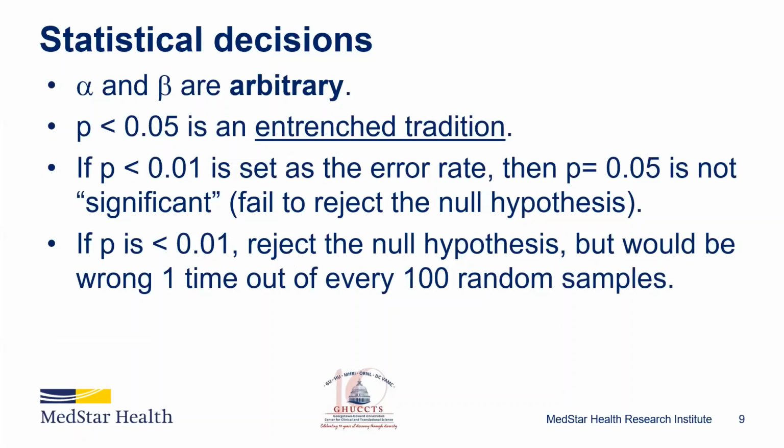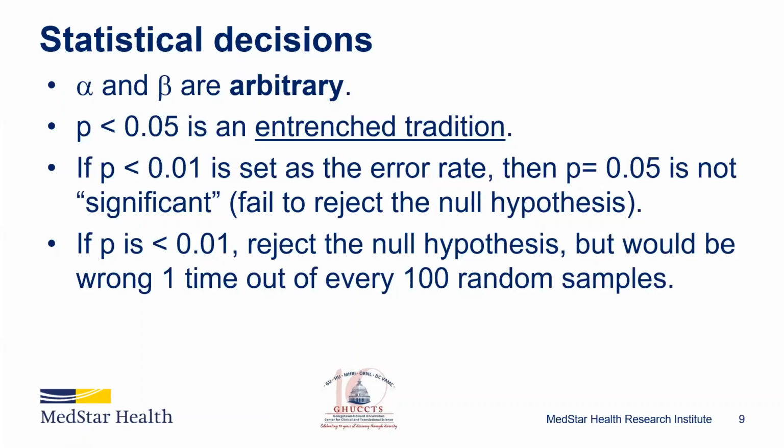So as I mentioned before, all of our alphas and betas, the alpha error rate, the beta error rate, are really arbitrary. And you're probably familiar with the p less than 0.05. That's really a tradition that's come about, and we talked about that to some degree last October.